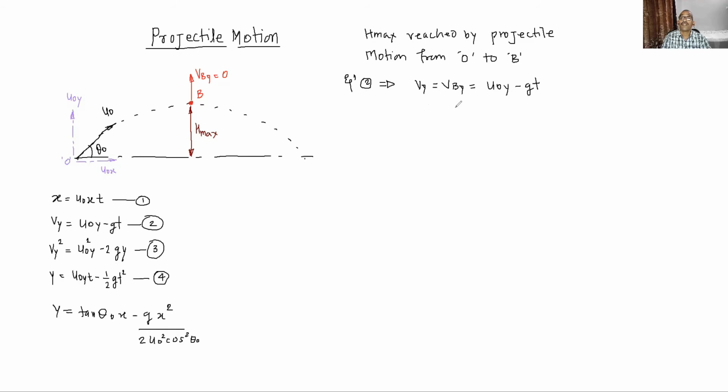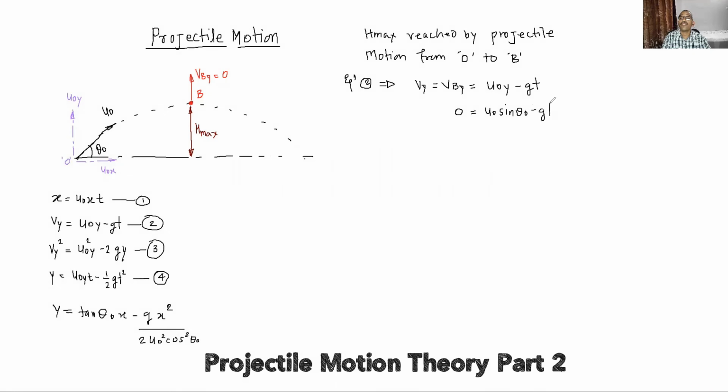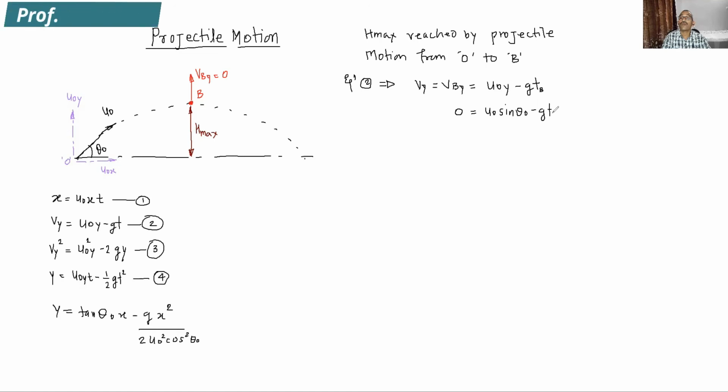Here the Vby term becomes 0 when the particle attains maximum height. u0y is u0 sin theta 0, so 0 equals u0 sin theta 0 minus gt. This time is the time required for the projectile to reach location B, so we can write it as TB. It comes out to be u0 sin theta 0 upon g.